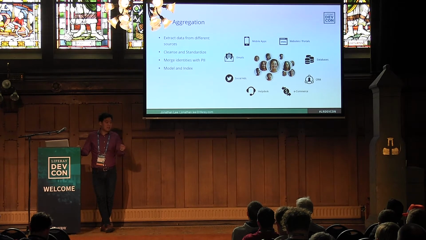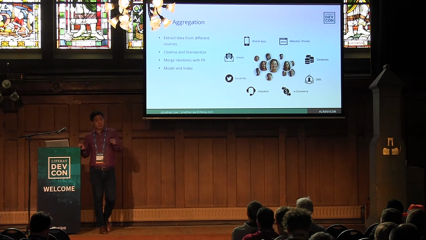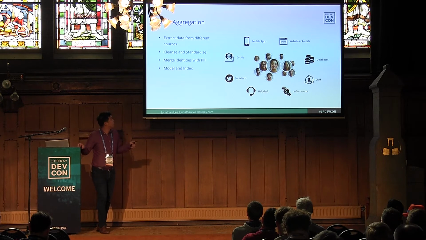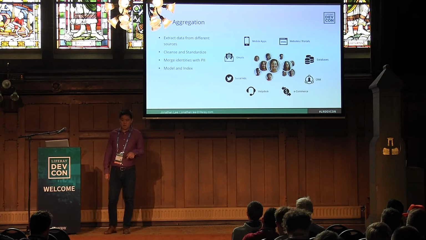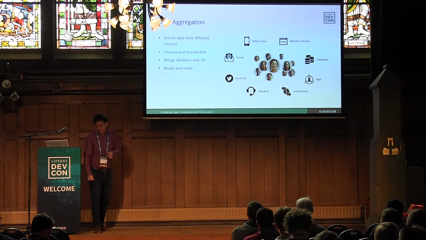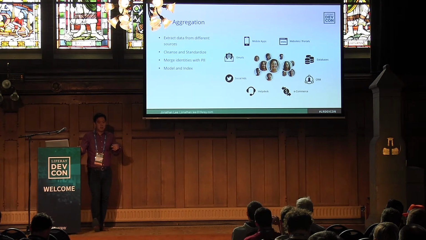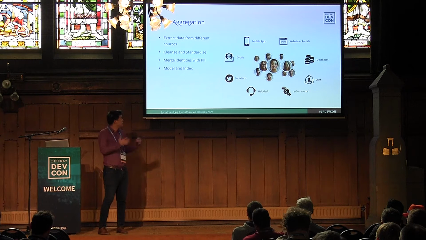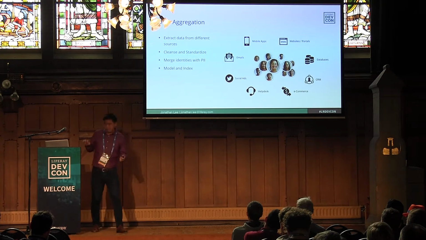And also, since the data are coming from different sources, information about the same customers needs to be merged. You can do this through something called PII, which is personal identifiable information. So data such as combinations of emails, first names, last names, addresses, phone numbers, can help you identify that these records belong to the same person.